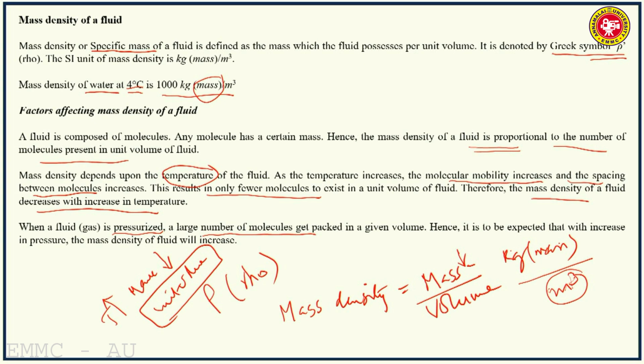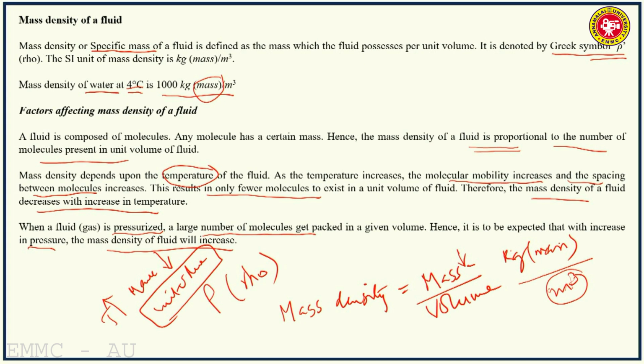So once they come closer together, that means the molecular spacing decreases. So you are packing more number of molecules within a unit volume. And therefore it is expected that with increase in pressure, the mass density of fluid will increase.